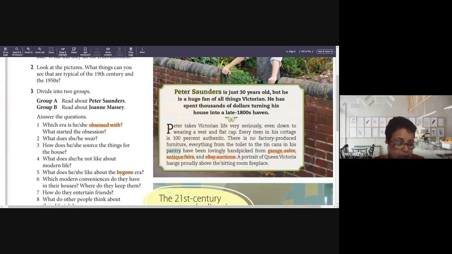But there are also auctions for other products as well. Okay, so eBay is a site that holds auctions for many products. Okay, so here, Peter Saunders, he says that he gets most of the things for his Victorian house from garage sales, antique fairs, and eBay auctions. Okay.